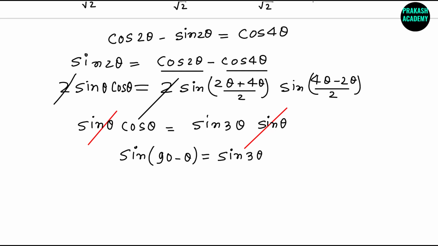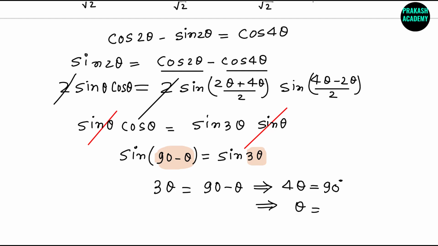So from here I can say 3 theta equals 90 minus theta. So this means 4 theta equals 90 degrees. So this means theta equals 22.5 degrees. So in this problem, theta equals 22.5 degrees.